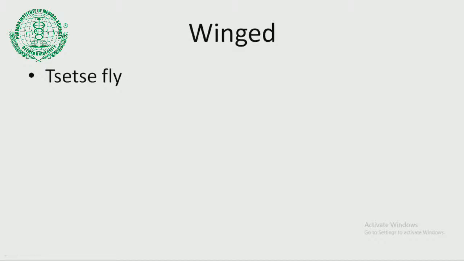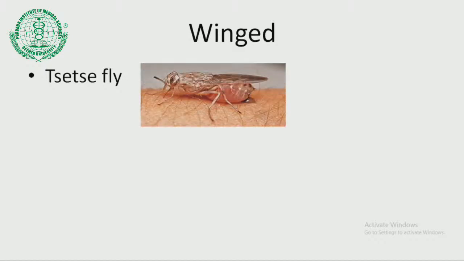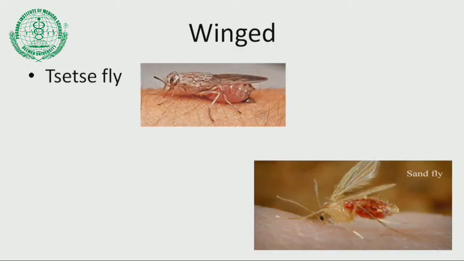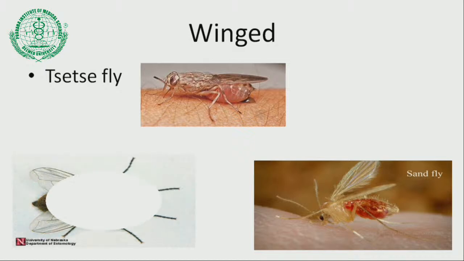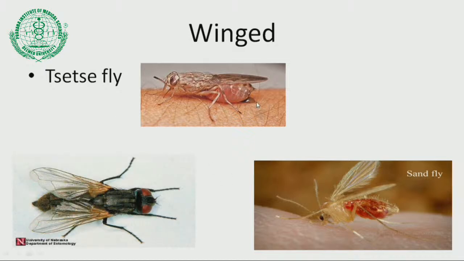In the winged ones, the flies, first of all you will see the different flies. So here you can see the tsetse fly, the T is silent. Second one is sand fly. And the third one, the name is not given because it is actually the common fly, common house fly.